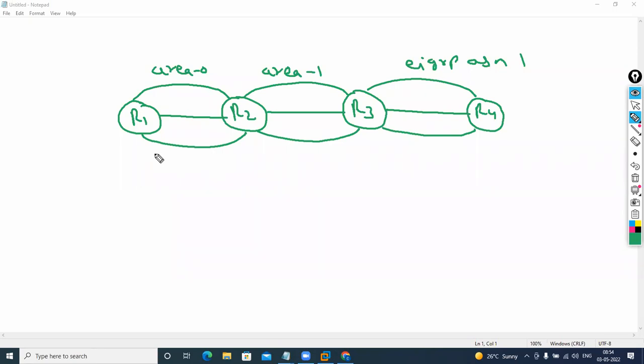So who is the ABR and who is the ASBR? One more thing: ASBR stands for Autonomous System Boundary Router.